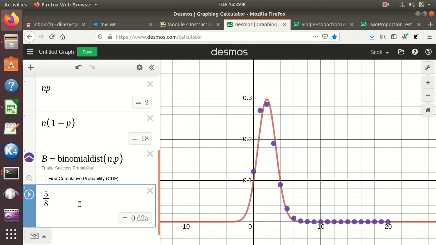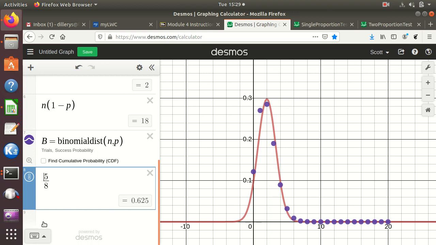And so now our standard error is the square root of 0.625 times 1 minus 0.625, all divided by 8, underneath that square root. I can do the same sort of thing here. Oh, I better not, because I've already got P defined somewhere else.